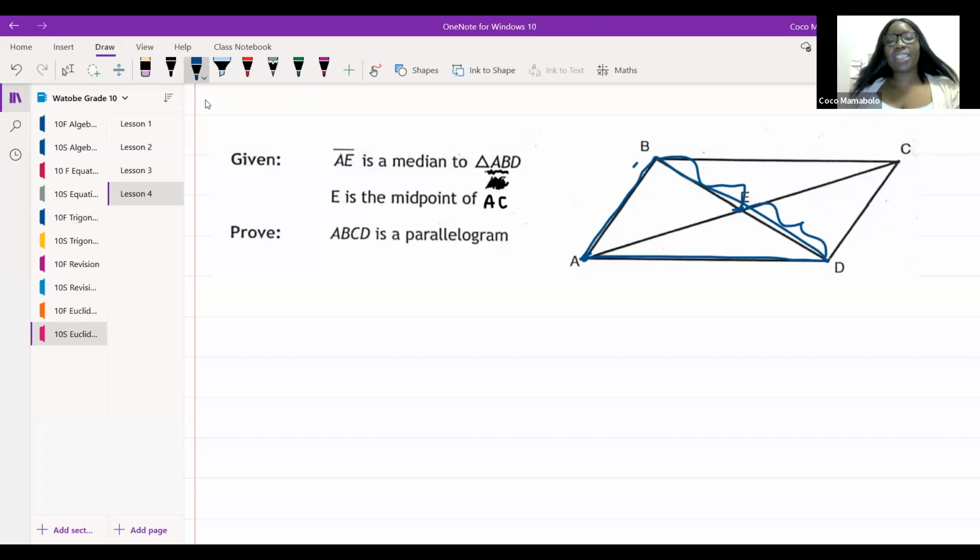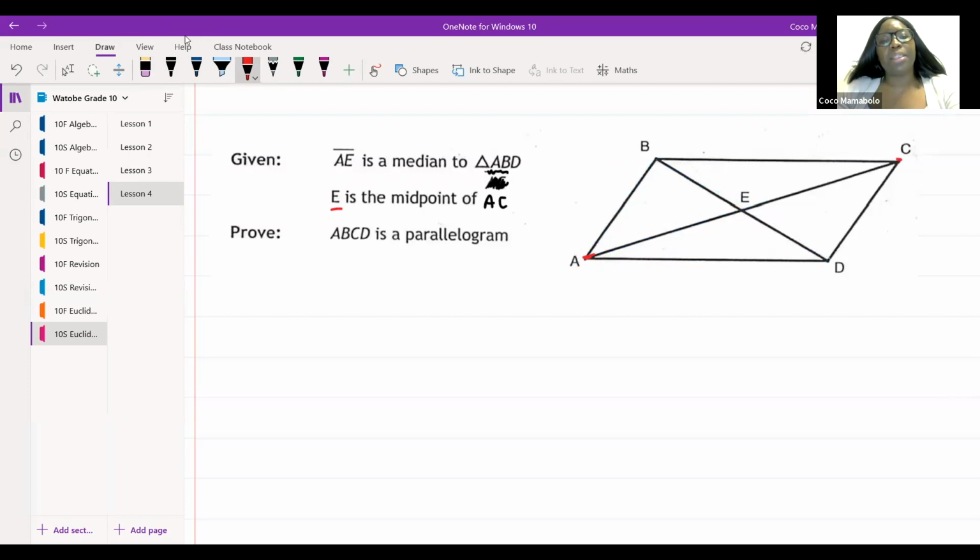Okay. What they're saying is that AE, so this line, AE is the median to that line, right? And the extra bit of information they've given us is that E is the midpoint of AC. So we can already look at the properties that we're going to be using here, guys.